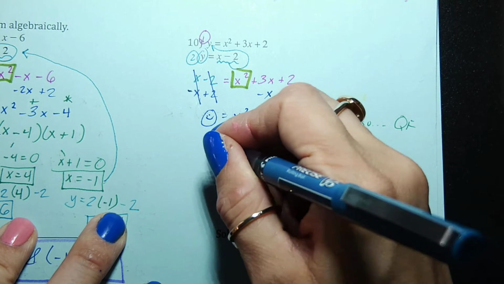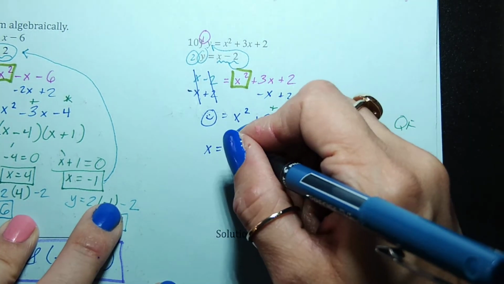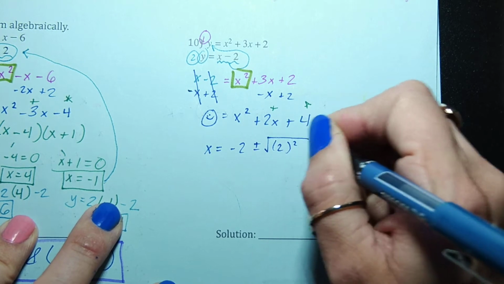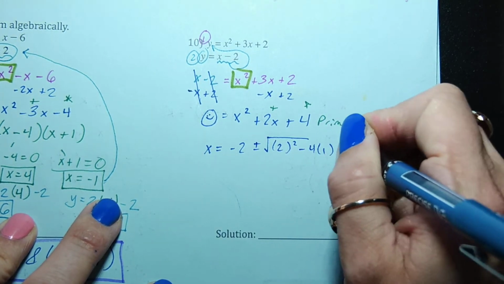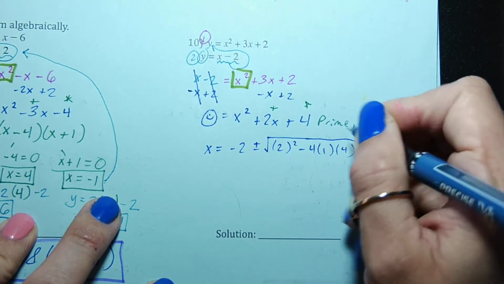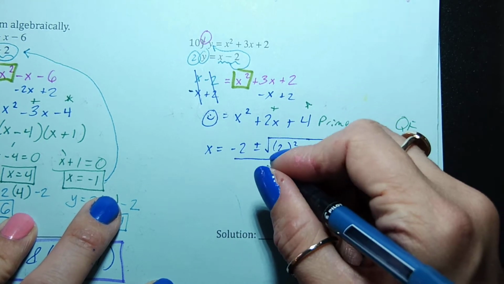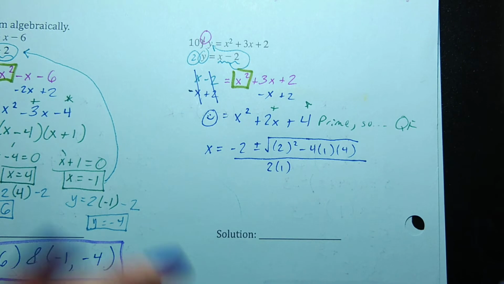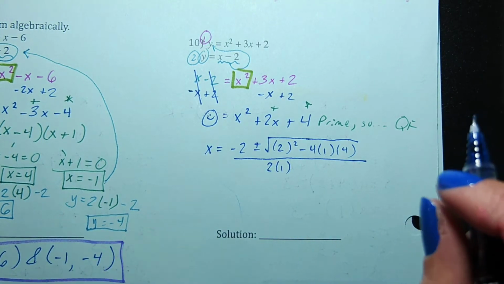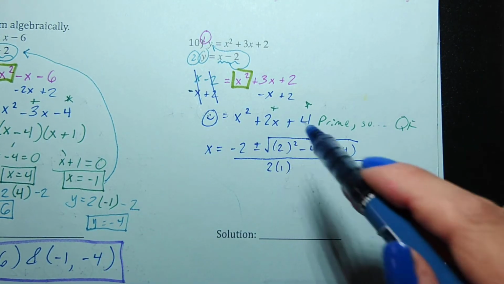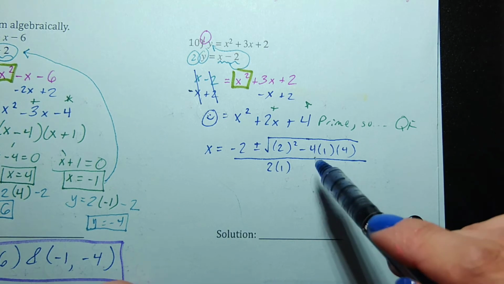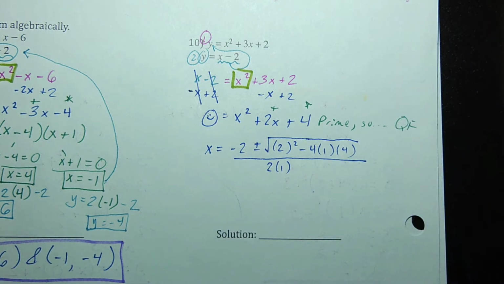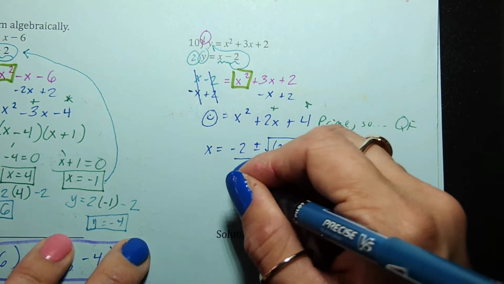The quadratic formula is negative b plus or minus the square root of b squared minus 4ac, all over 2a. Two squared is 4, and then negative 4 times 4 is negative 16. So that's going to give us negative 12 under the radical.